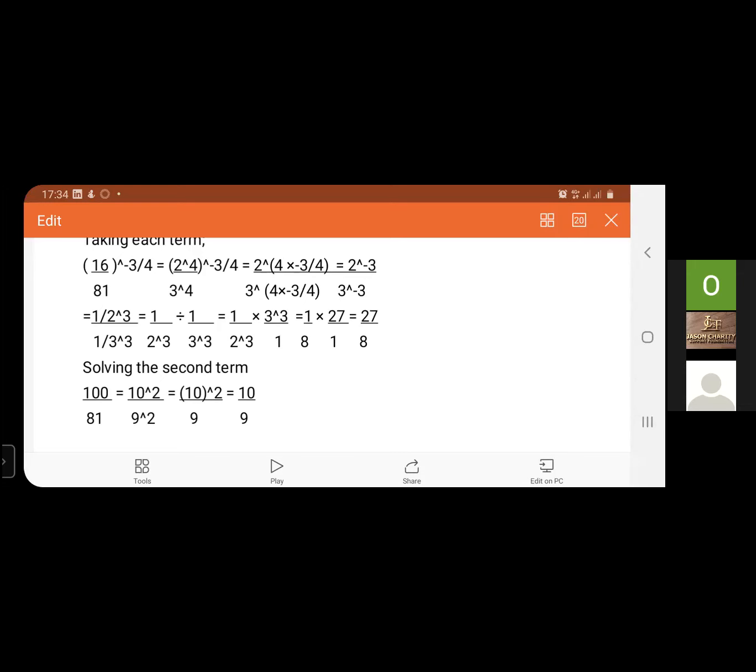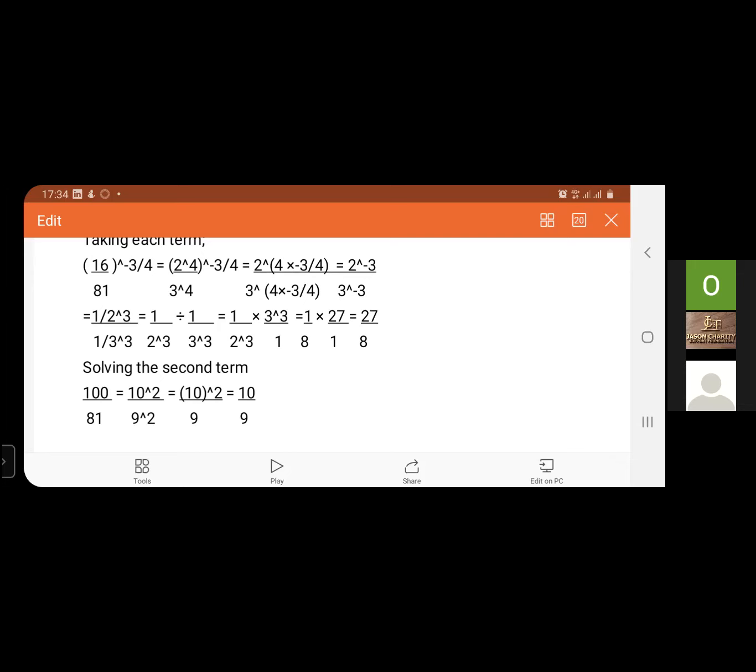Now, changing the division sign to multiplication, as we do in mathematics, we have 1 over 2 raised to the power of 3 times 3 raised to the power of 3 over 1. You interchange the denominator and the numerator.